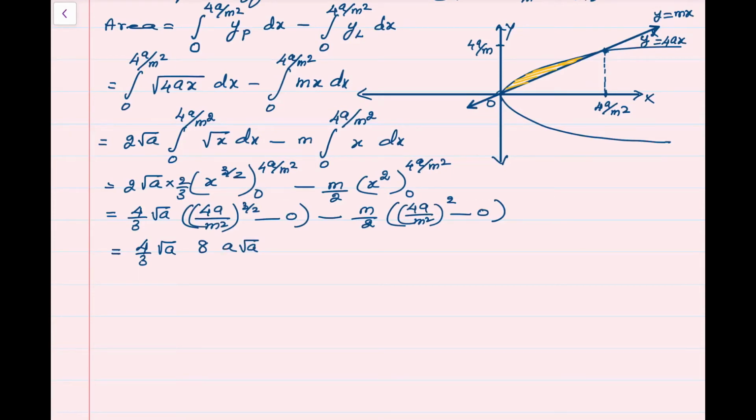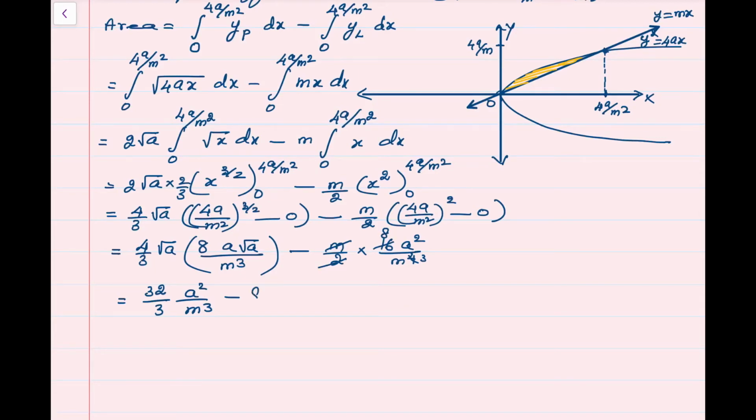M square power half is m, we get m cube, minus m over 2 times 4 square is 16, a square by m power 4. 32 over 3, root a into root a is a into a is a square divided by m cube, minus 8a square over m cube.